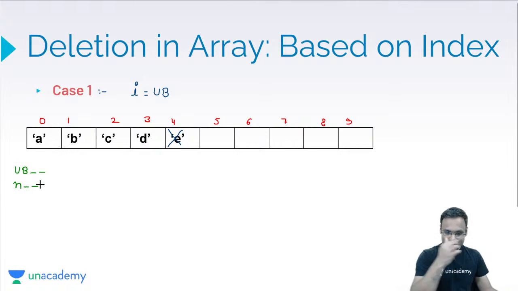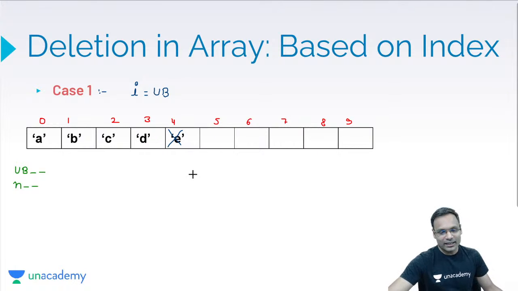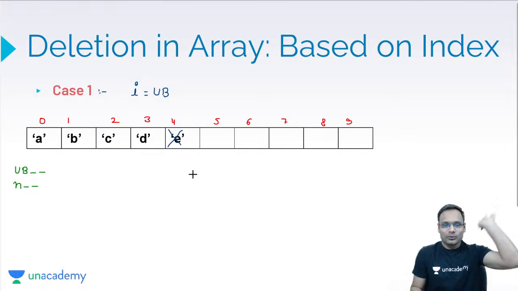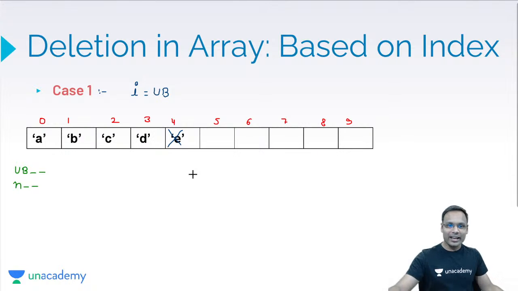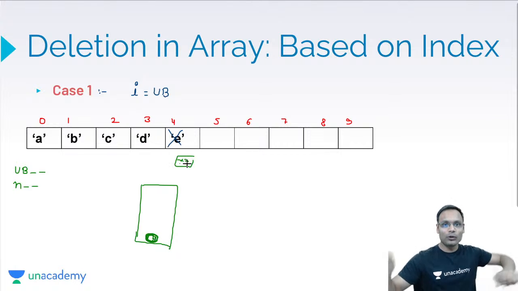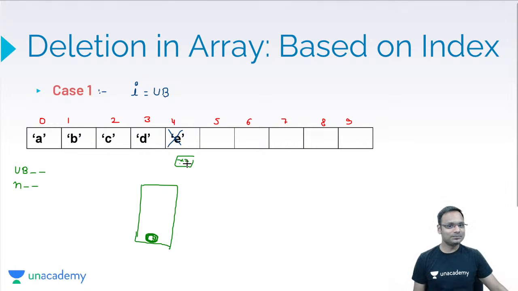Bas. That's it. Why? सबसे last वाला element जो delete कर रहे हैं, we are deleting the very last element. So I don't have any problem. हटा दो. Suppose there is a guy in your PT class line, that particular fellow is on the last position and the teacher wants that fellow should come to the front here so that fellow can do this and you all can follow him or her.